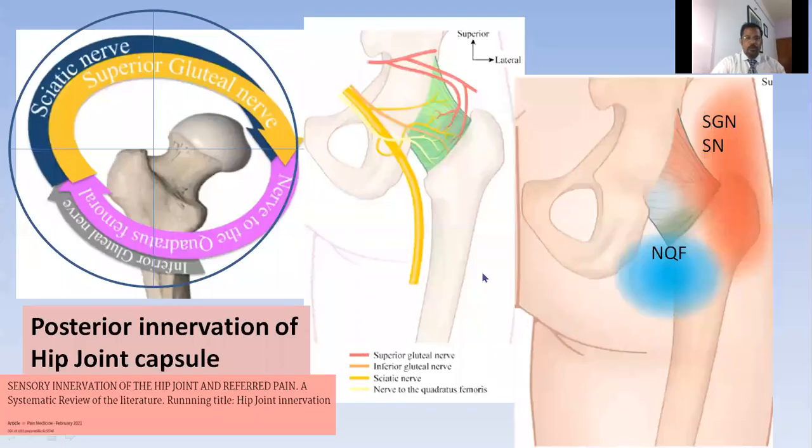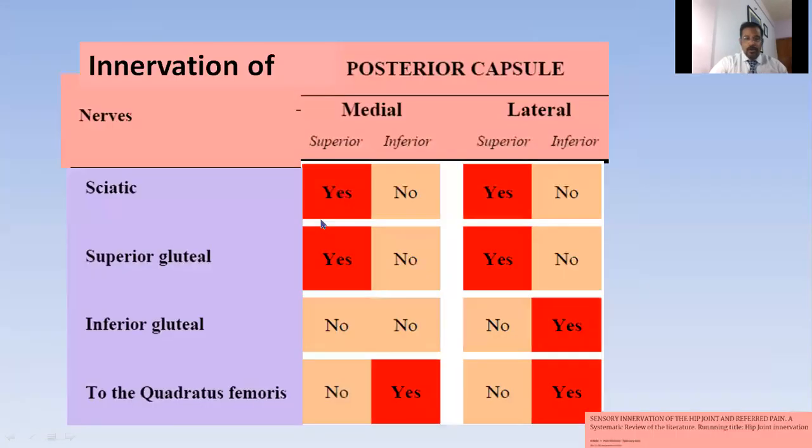Now coming to the posterior innervation of the hip joint capsule, it is from the sciatic, superior gluteal, the nerve to quadratus femoris and the inferior gluteal nerve. The superior aspect is supplied by the superior gluteal and the sciatic nerve, and the inferior part's maximum contribution is from the nerve to quadratus femoris.